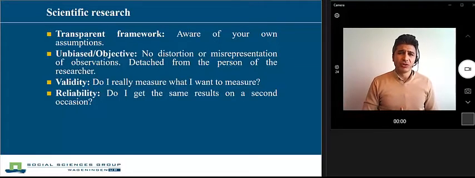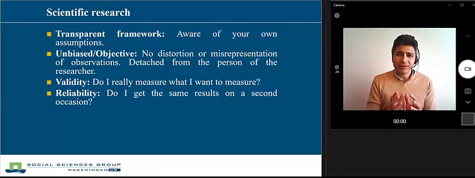Reliability. Do you get the same results on the second occasion under the same condition and circumstance? If the answer is no, then your research is not reliable. Basically, that implies that when you want to write your master thesis or a paper, in the methodology you have to write very clearly what procedure you have taken, what methods you used, and what statistical analysis you used.